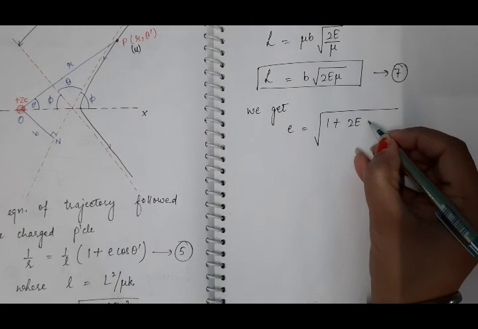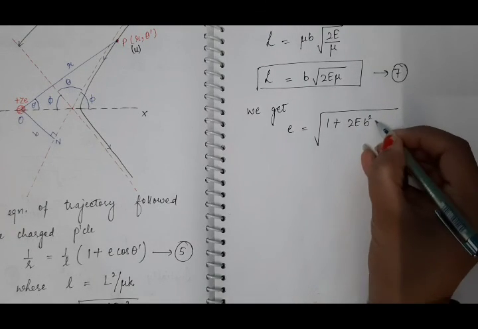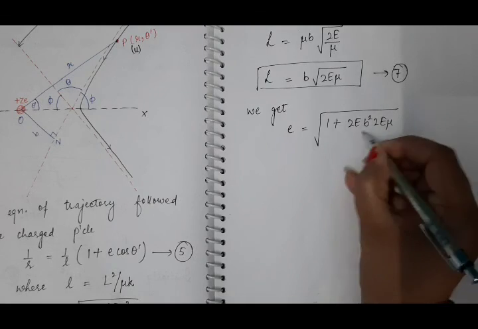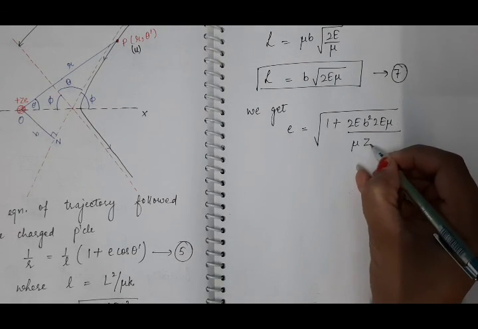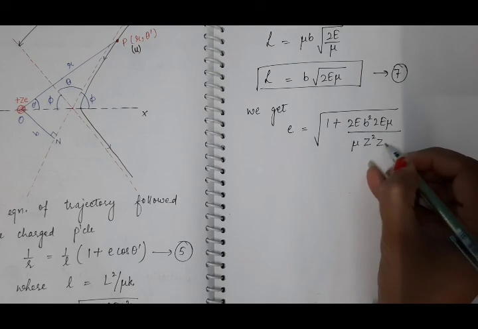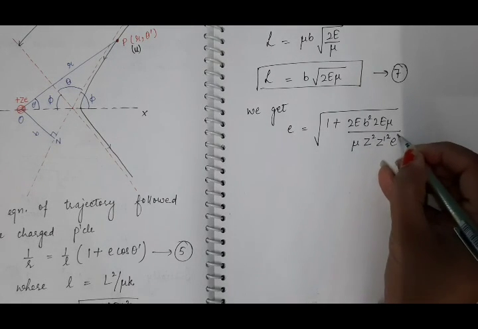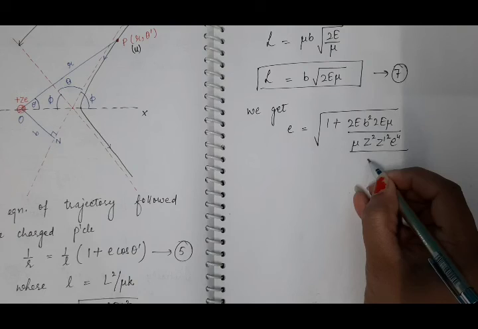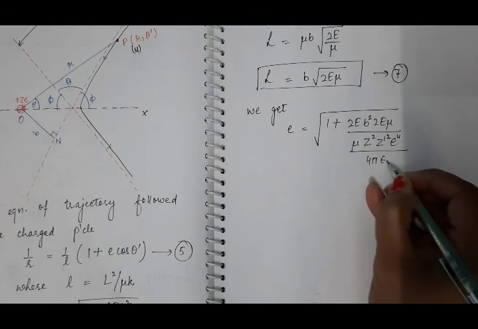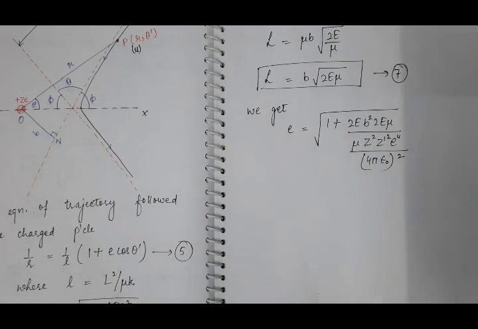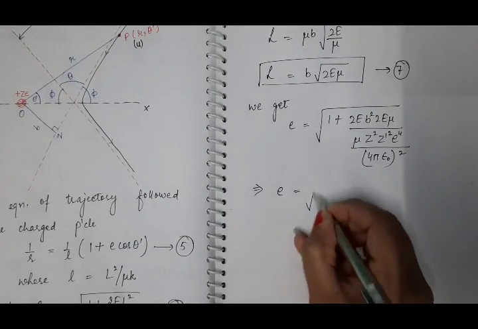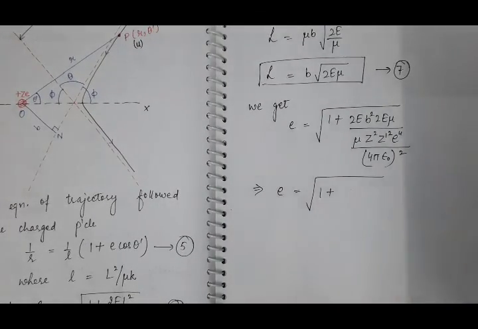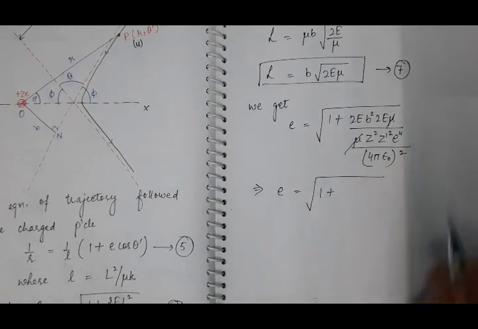What is L square? It will be b square 2E mu divided by mu. What will be k square? It will be z square z dash square e raised to power 4 divided by 4 pi epsilon naught square. So here we have eccentricity is equal to 1 plus this term; mu and mu will be cancelled out.